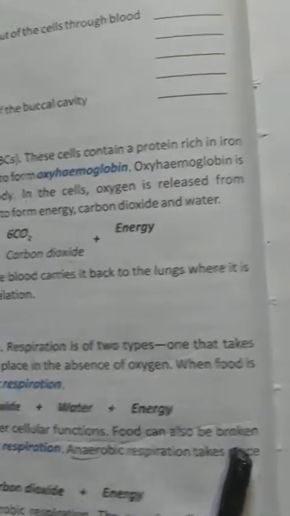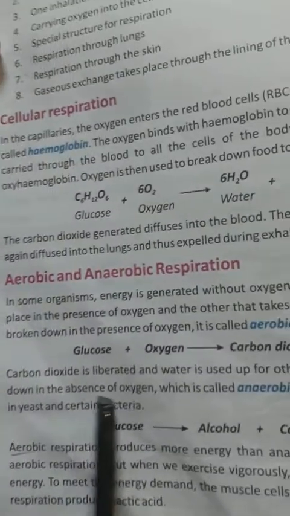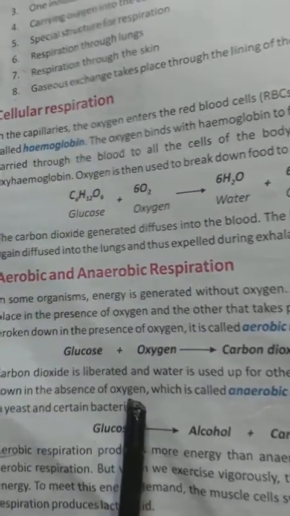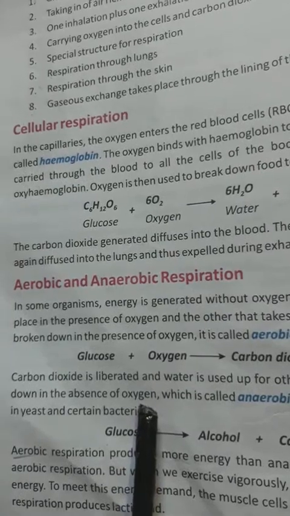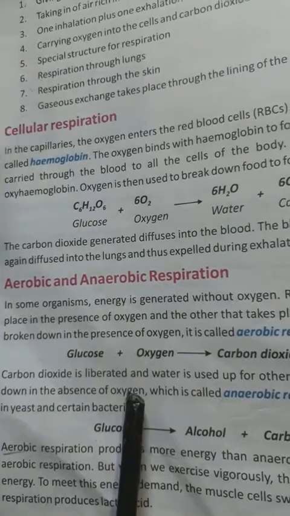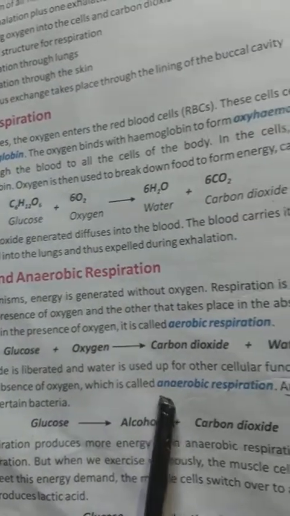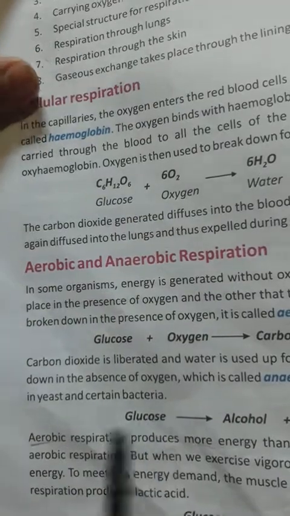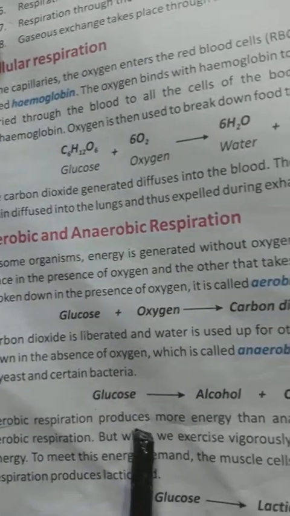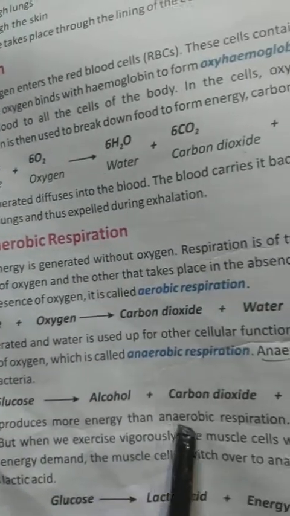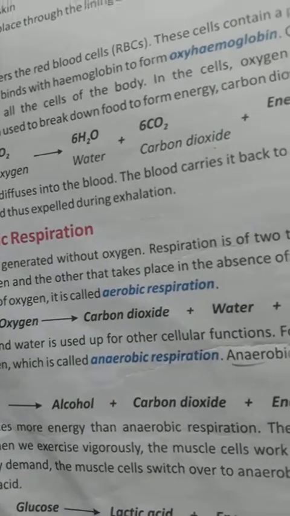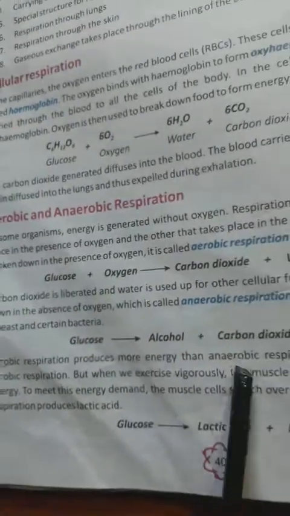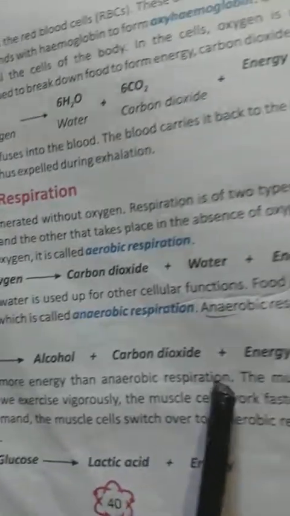Food can also be broken down in the absence of oxygen, which is called anaerobic respiration. This takes place in yeast and certain bacteria. Aerobic respiration produces more energy than anaerobic respiration.